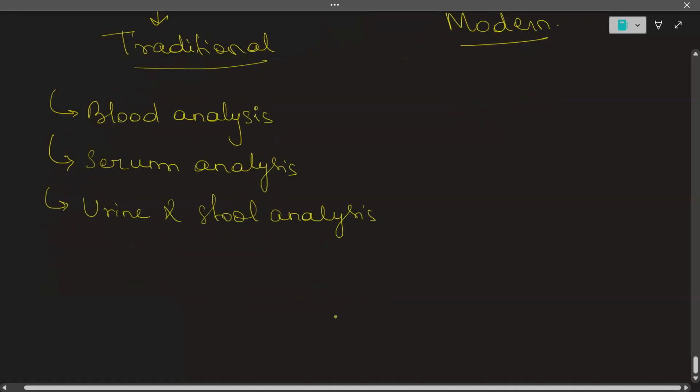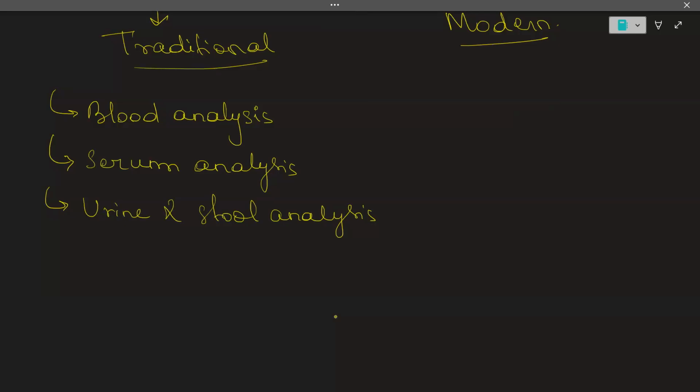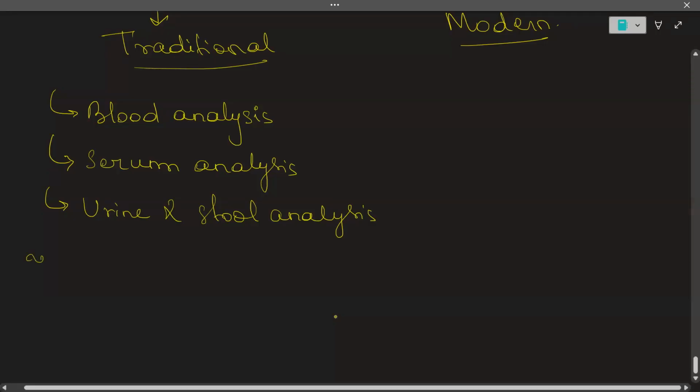Now, do you think it is the kind of method wherein early detection of the pathogen can be done in this kind of method? I didn't understand the question.